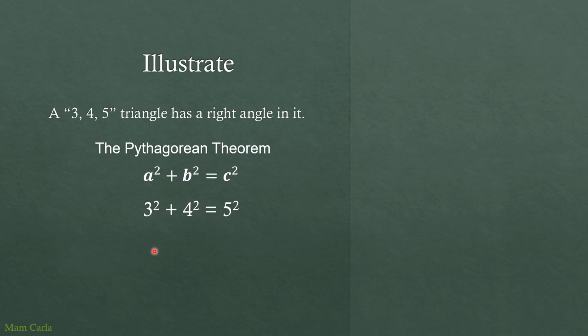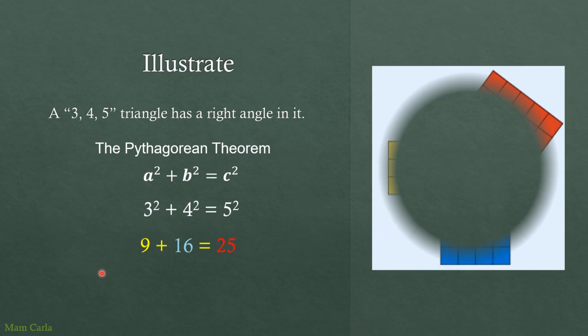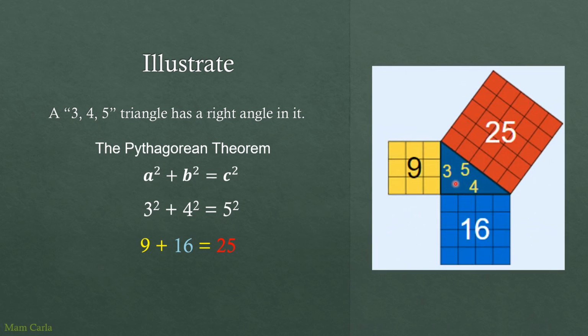The square of 3 is 9, the square of 4 is 16, and the square of 5 is 25. So we have 9 plus 16, which is equal to 25.